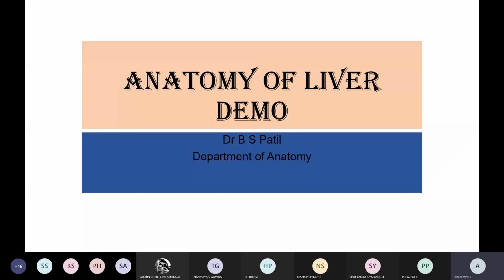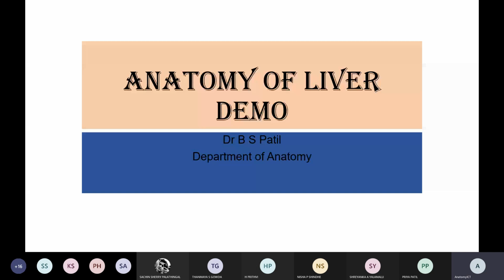That is why one must have knowledge of how to handle a normal liver, and how to handle a clinically affected liver. Hence today we are going to discuss the liver demonstration along with its clinical importance, right? So this is how the liver is located.